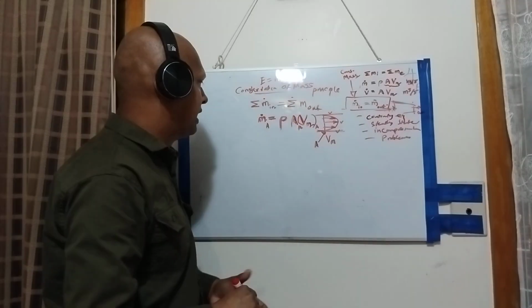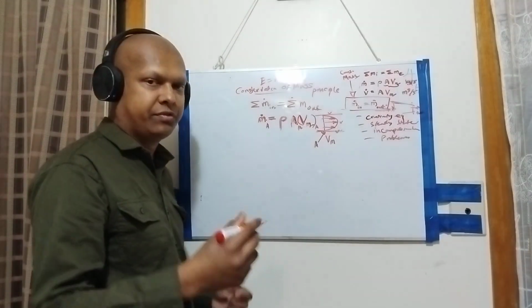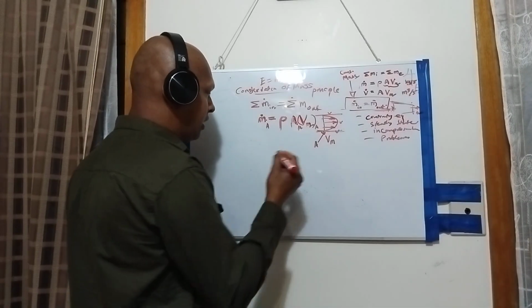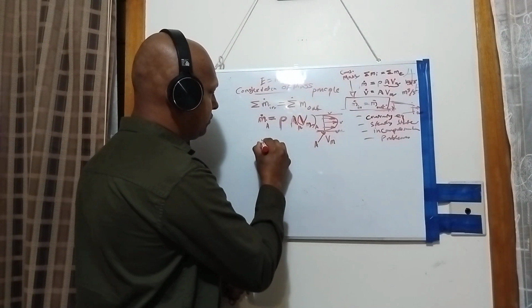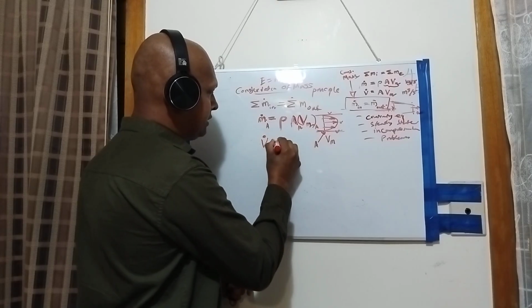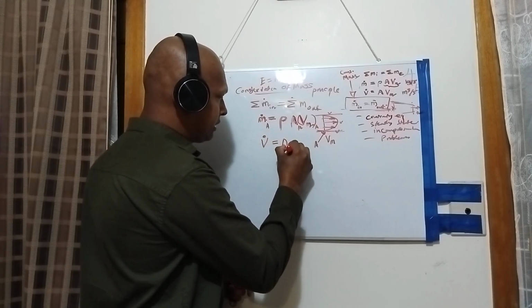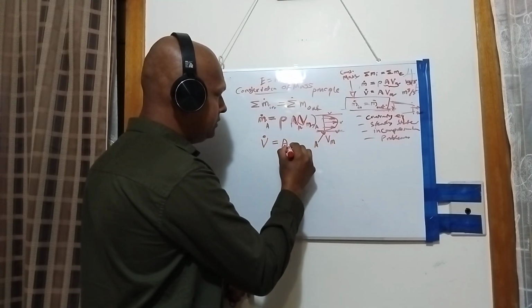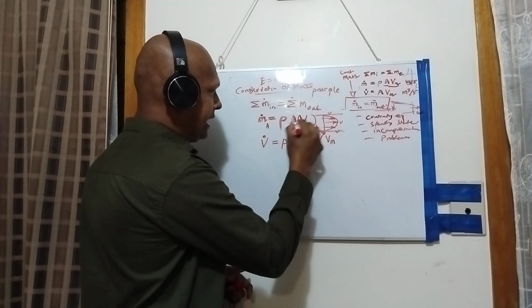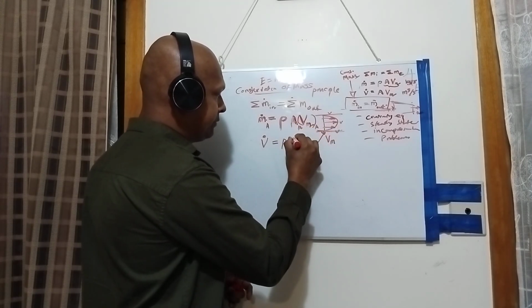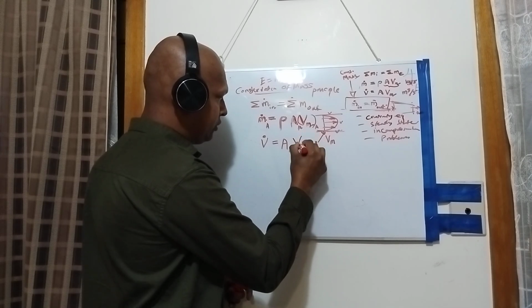So that's mass flow rate, and then we further discussed volume flow rate. The volume flow rate equals the nominal area, the normal area, times the mean velocity.